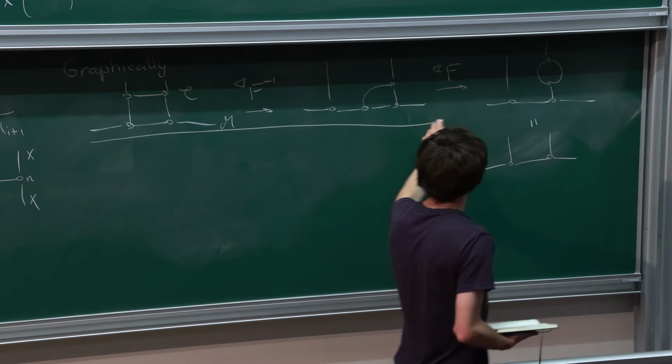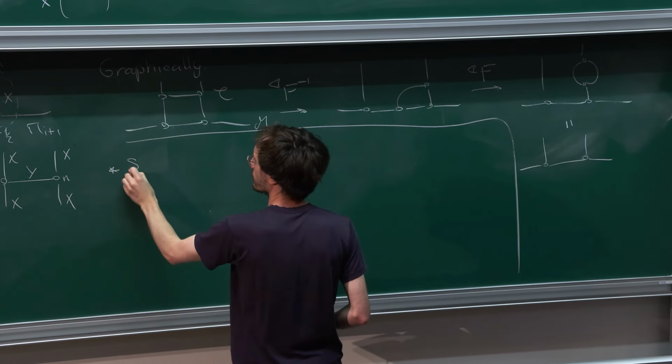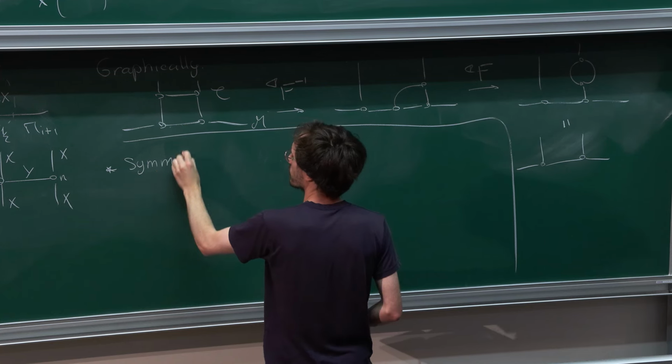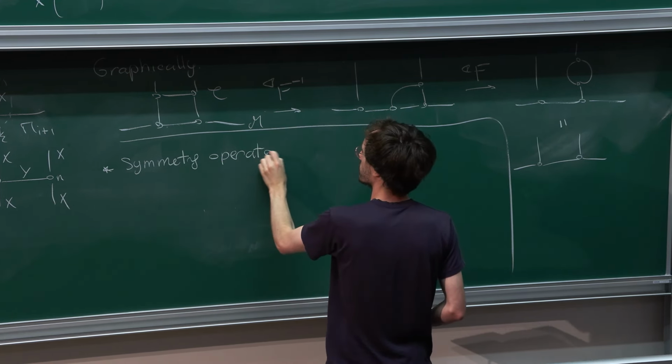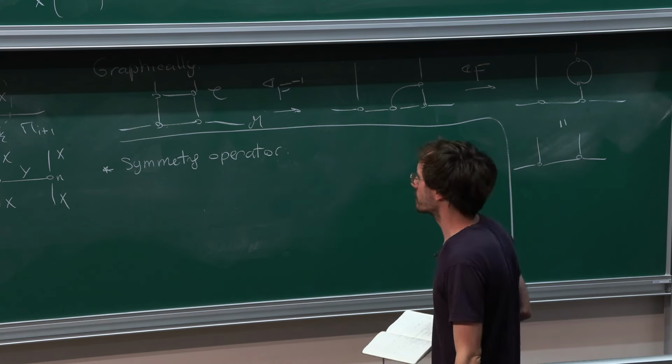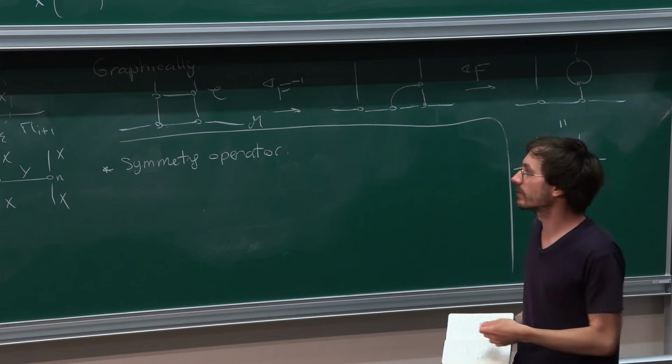Okay, let me just do the symmetry lines over here. So the symmetry operator. I'm just going to give you the answer, but you can demonstrate it. Let's say if you didn't know what the symmetry was, you could literally work it out.